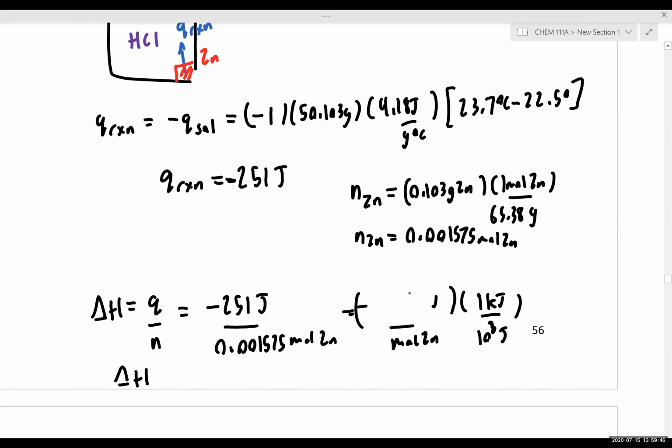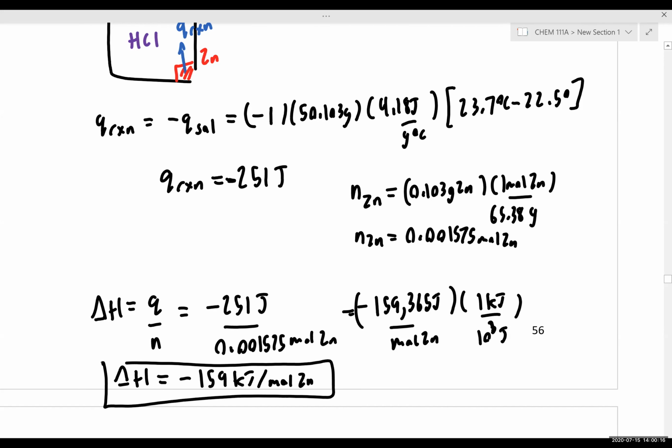So let's punch this into our calculator. So we have 251 over 0.001575. That gives us 159,365 joules per mole. Converting to kilojoules, our enthalpy gives us negative 159 kilojoules per mole of zinc.